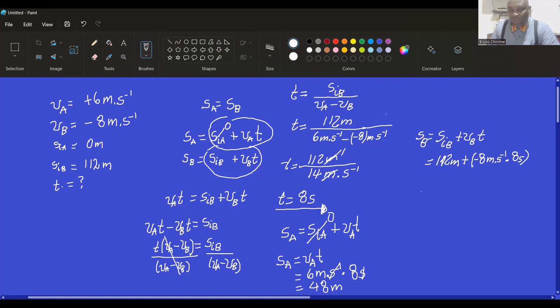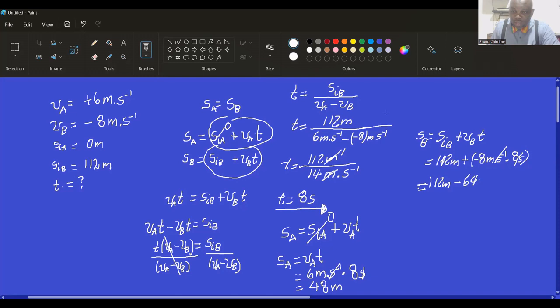So we remember there's a minus sign also, so the seconds cancel, because one is multiplying, the other is dividing. So we have 8 times 8, and it's negative, so 8 times 8 is 64. What is the difference between 112 minus 64? That will give us 48. You can check, you will find that it's 48. So this is coherent. It makes perfect sense.